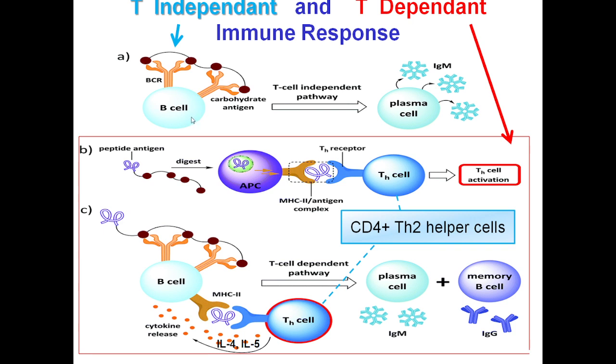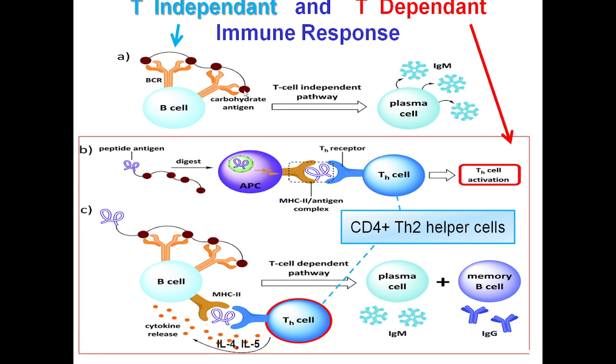T-independent immune response is the response to some of the carbohydrate antigens of bacterial polysaccharides. What happens? The B cell directly, via the B cell receptor, the antibody receptor, binds to the carbohydrate chain of the bacterial polysaccharide.